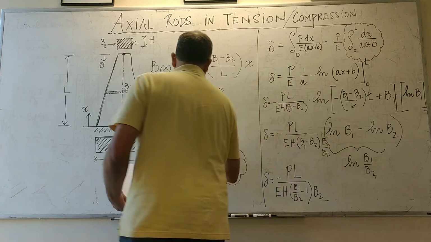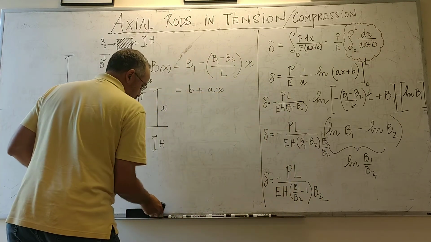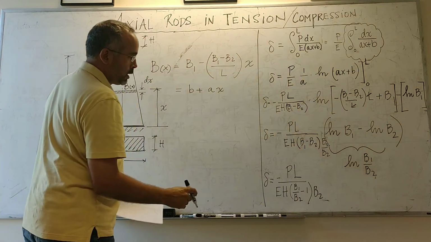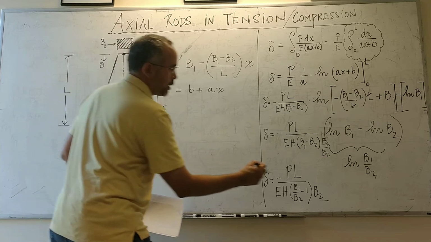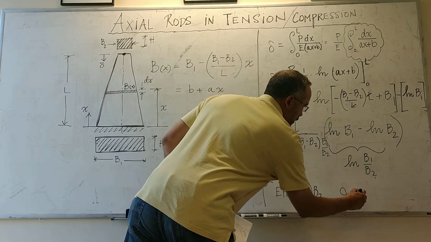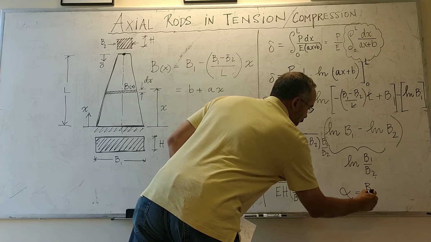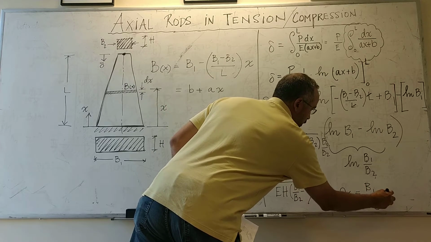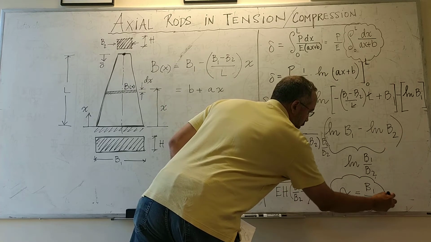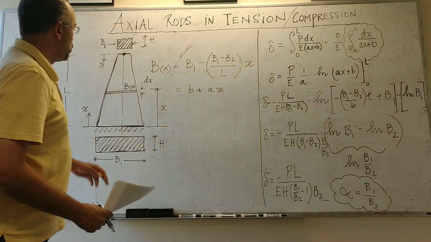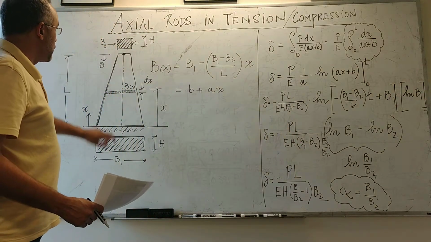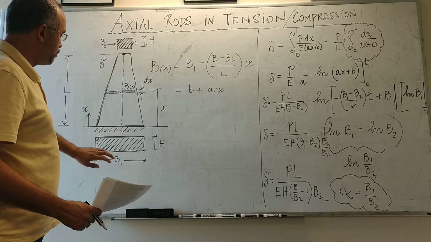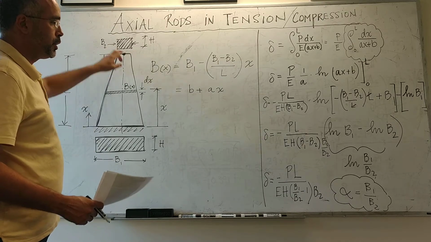So if we just reorganize that, let's call this coefficient alpha, b1 divided by b2, which is basically the ratio of the two widths, right? How much bigger is b1 with respect to b2?